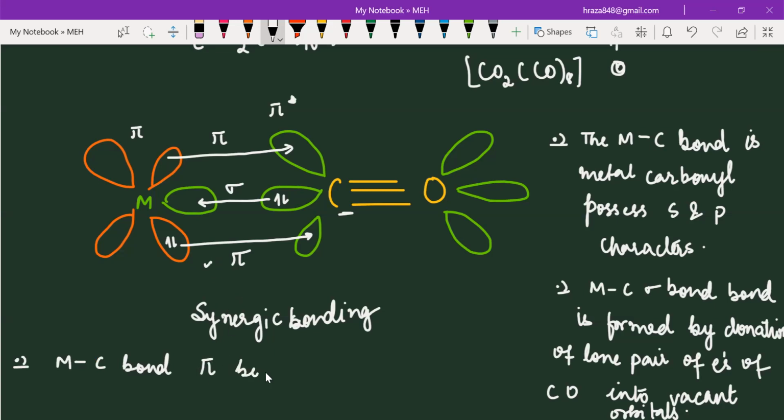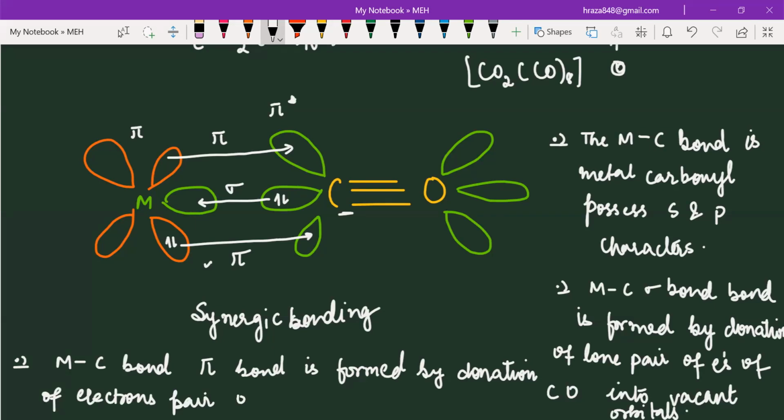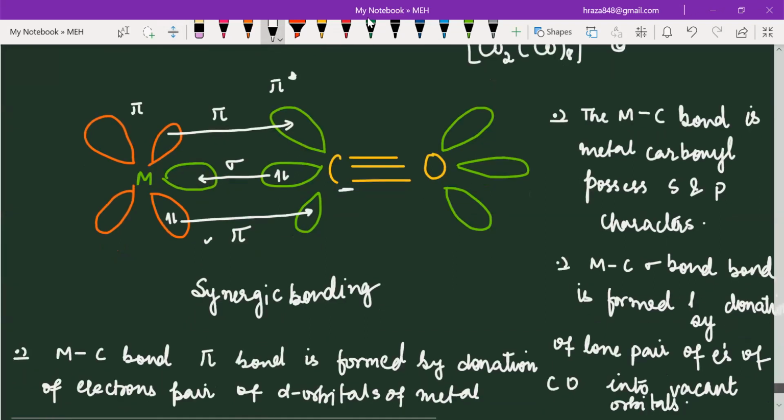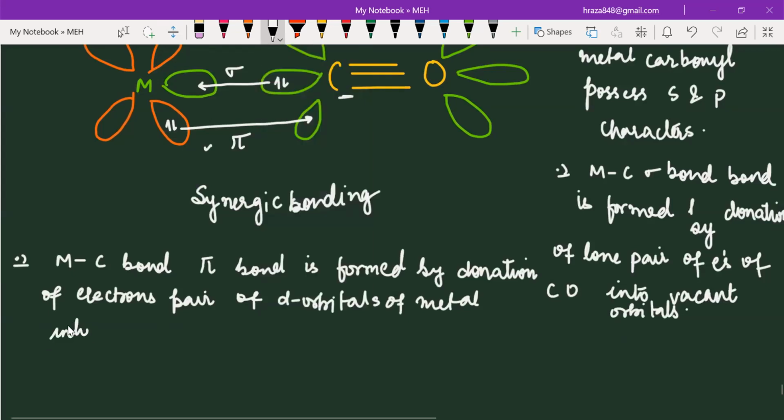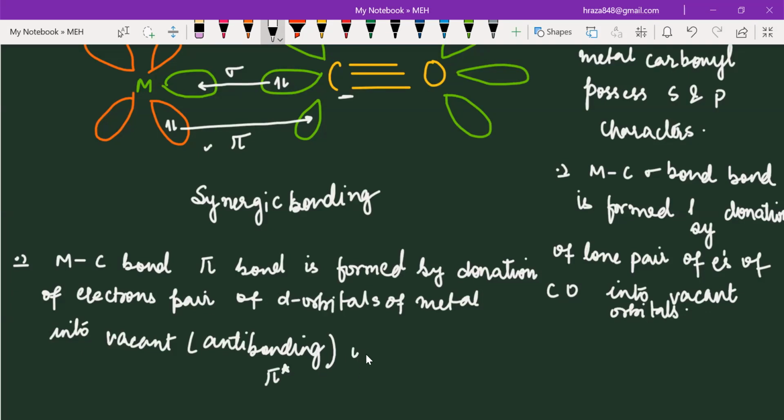You can see there is a pi bond formed by donation of electron pairs of d orbital, that means the metal is donating its d orbital electrons into vacant anti-bonding, that means pi star orbital.